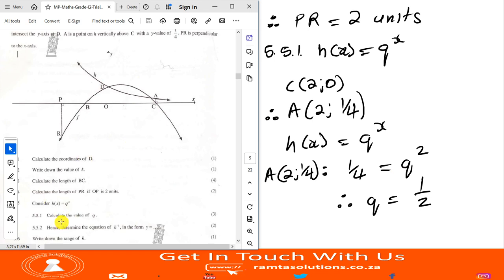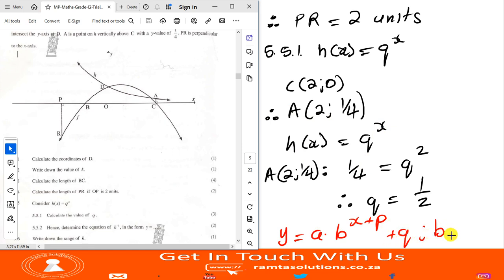So we found the value of q. Normally we will say plus minus square root of 1/4, but we don't have to say plus minus. Why? Because for an exponential function, the base is greater than 0. Remember they are like this: a times b to the power x plus p, plus q.